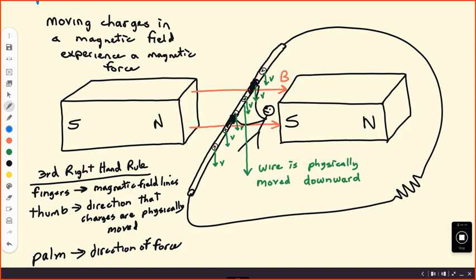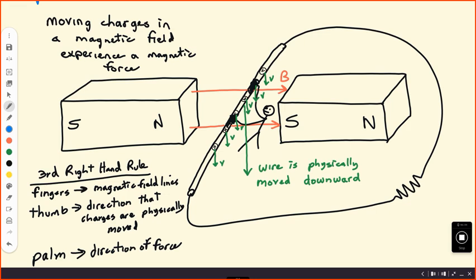So put your fingers with the bar magnet's magnetic field lines, keeping your fingers going to the right, your right hand's flat and open. Turn your hand so that your thumb points down because that's the way the charges are being moved, because they're being taken for a ride, because the whole wire is being moved downward. If all of the charges are physically being moved downward and their velocity is downward, well, they're going to experience a magnetic force.